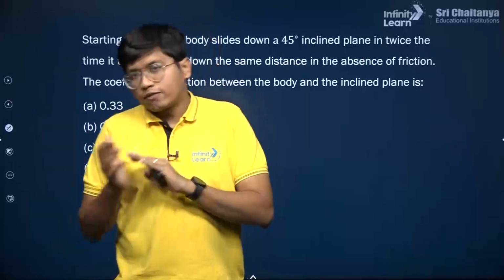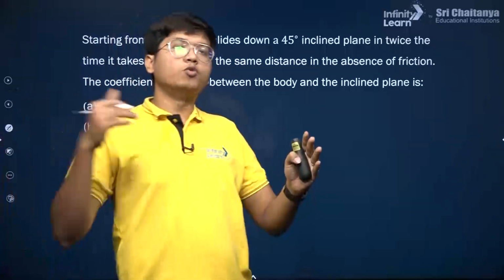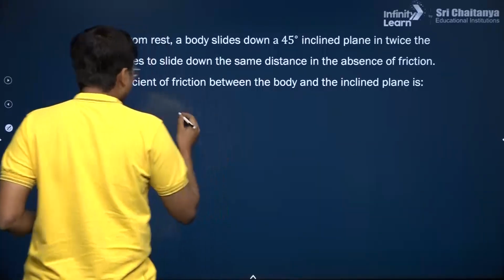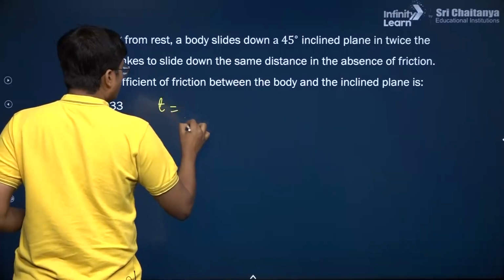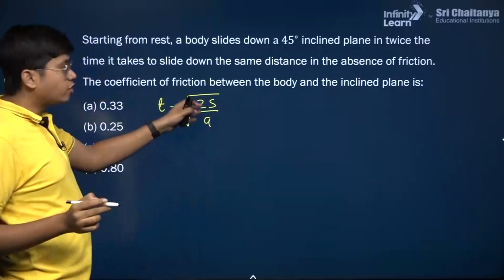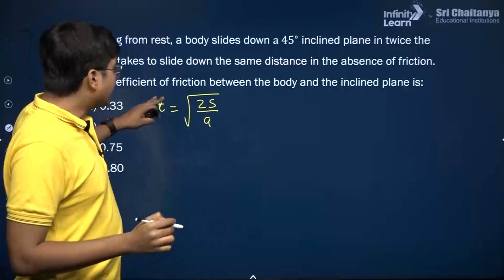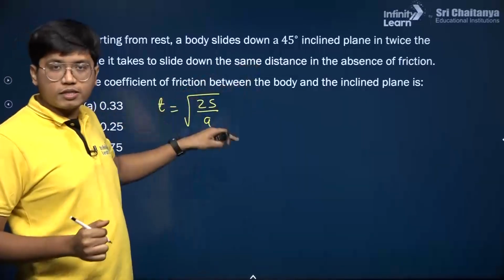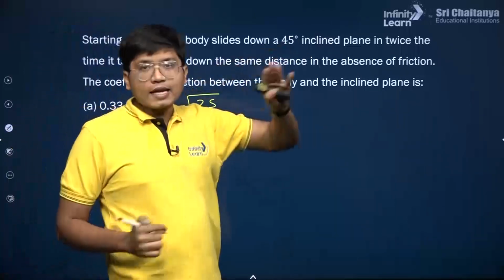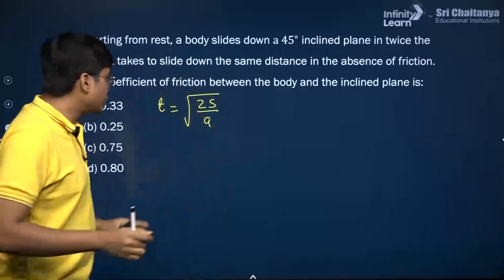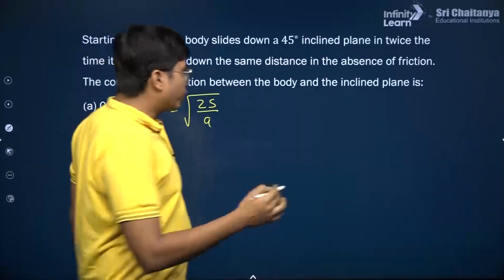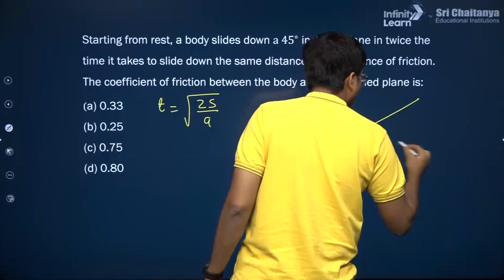What do we know is the formula for the time taken to move a certain distance with an acceleration? The relation is T is equal to root over of 2s divided by a, where s is the distance traveled and a is the acceleration. And this is the same case over here because the initial velocity is 0. Now, because it is on an inclined plane, the only thing that will change in this relation is the acceleration.